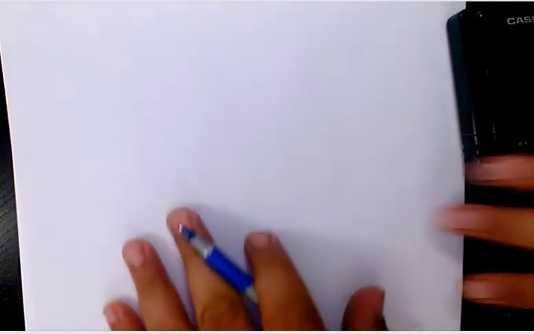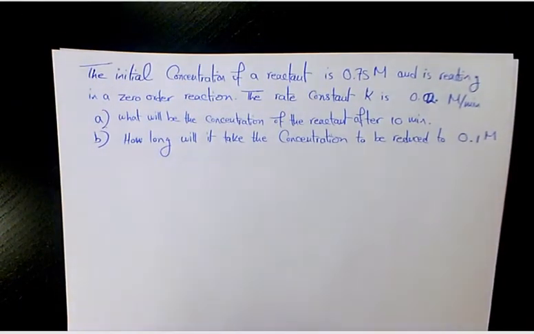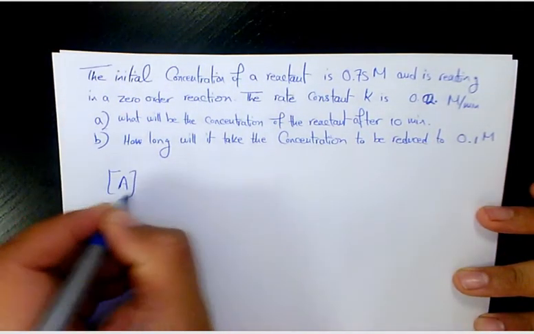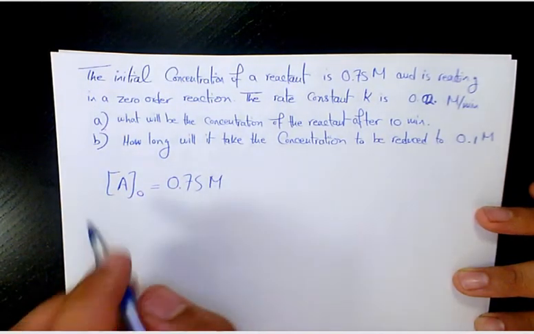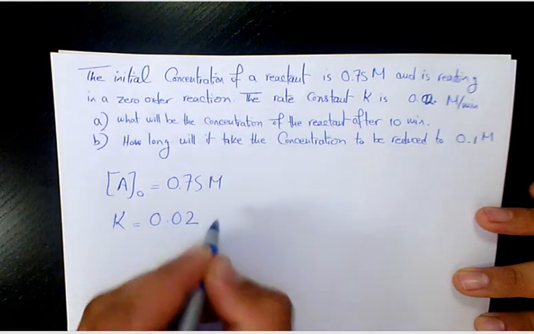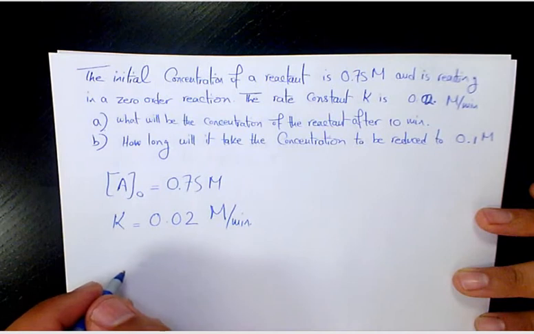Let's see the next example. The initial concentration of the reactant is 0.75 molar, and it's reacting in a zero order reaction. The rate constant is 0.02 molar per minute. What will be the concentration of the reactant after 10 minutes?